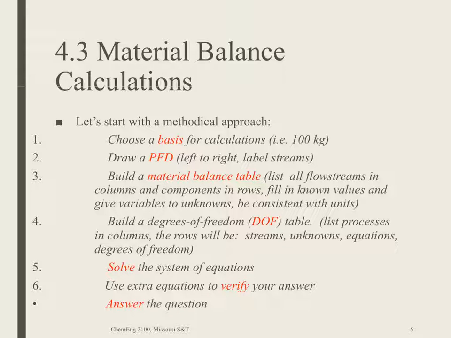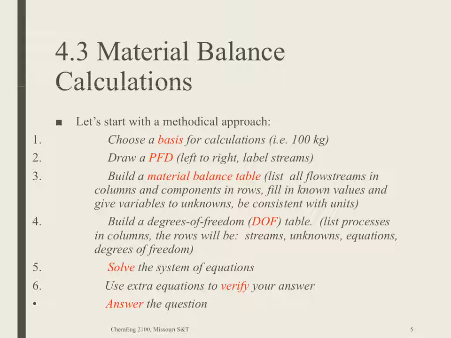Maybe you have a feed flow rate of 5 kilomoles per hour. That could be your basis. But if there isn't one given, or if the one you have given seems challenging to use, you can just choose anything. Typically, I use numbers such as 100 kilograms of feed.